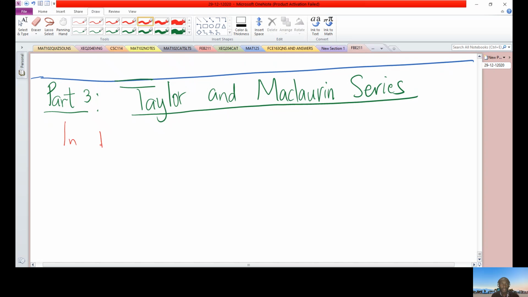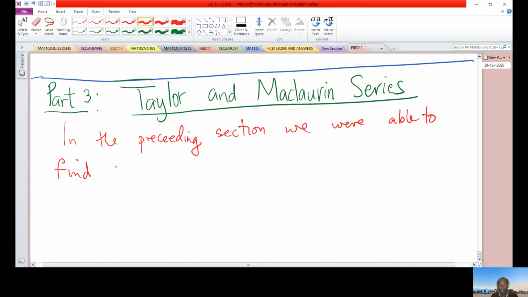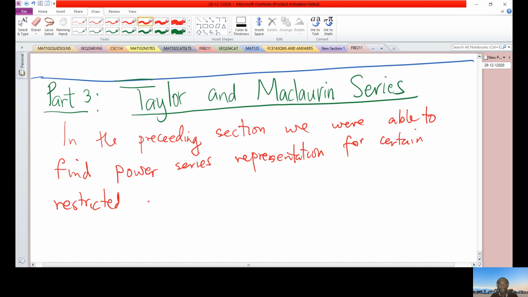In the preceding section, we were able to find power series representation for a certain restricted class of functions.